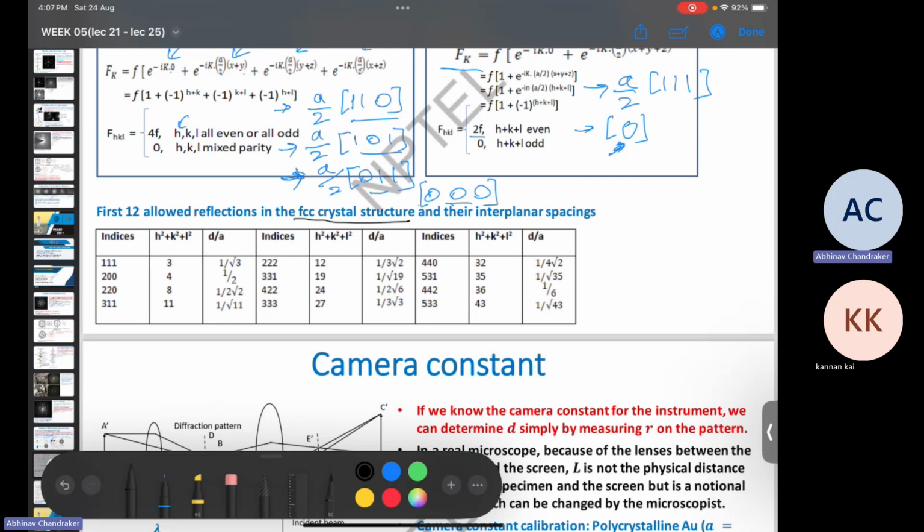So for FCC, if we start with all the HKL values which will be possible, that is starting with 100, 010, and so on till 110, 101, and so on, all the possible lattice planes, then we'll see that only when H, K and L are either all even or all odd, that is unmixed, you'll have a finite value of structure factor, and only then you will see the diffraction spot for the plane.